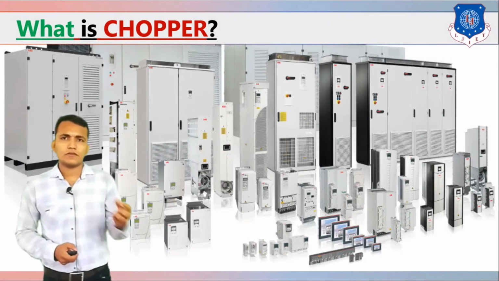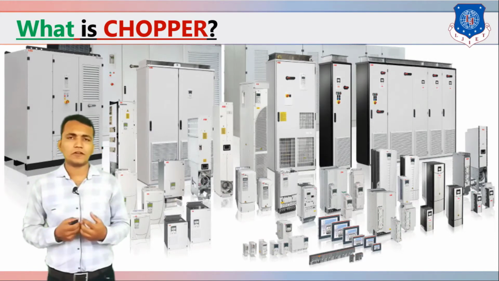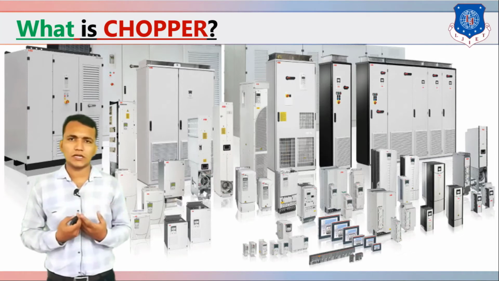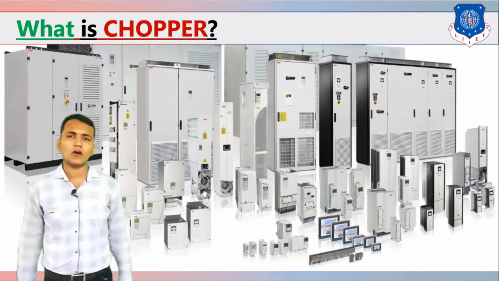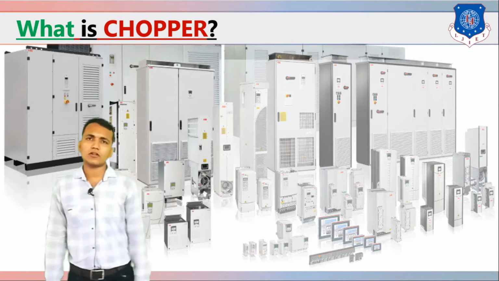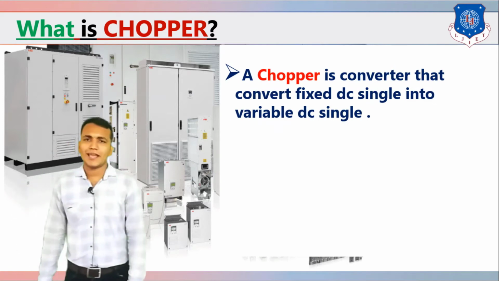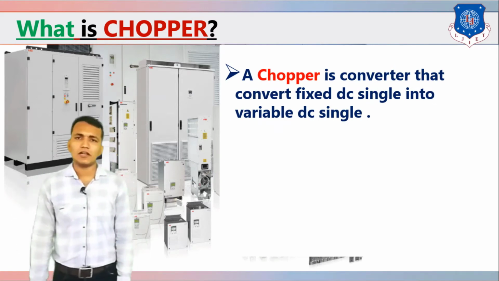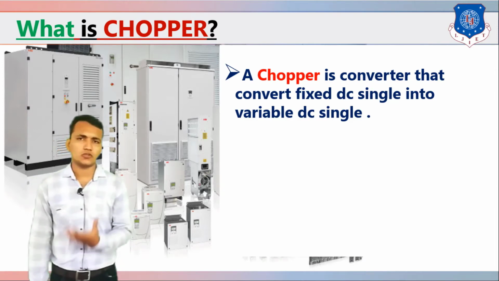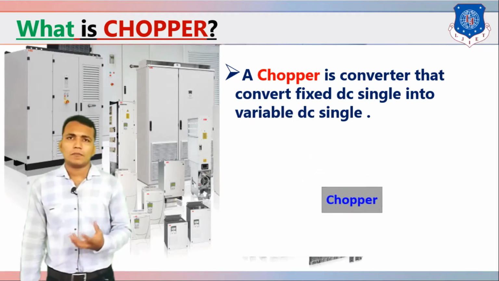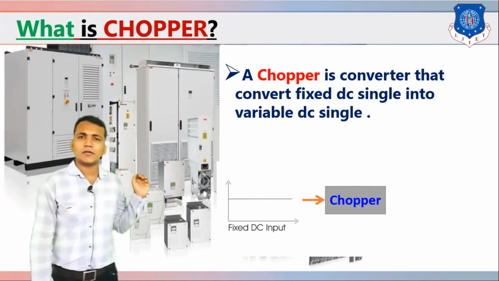Now the question is, what is chopper? First of all we will discuss the basic definition of chopper. The answer is that a chopper is a converter that converts a fixed DC signal into a variable DC signal. Basically it converts a fixed DC voltage into a variable DC voltage.